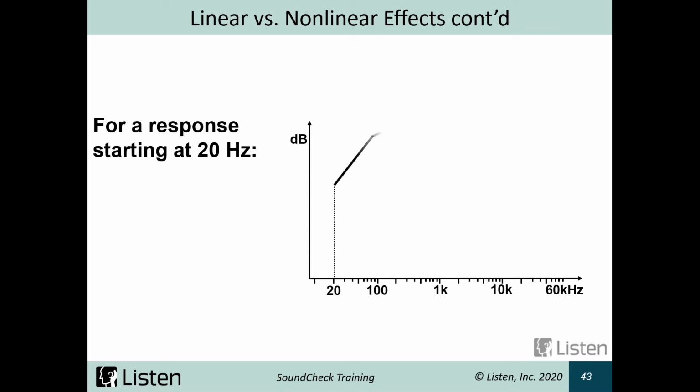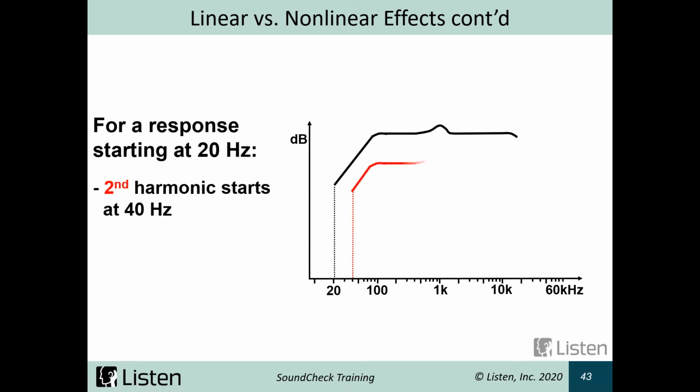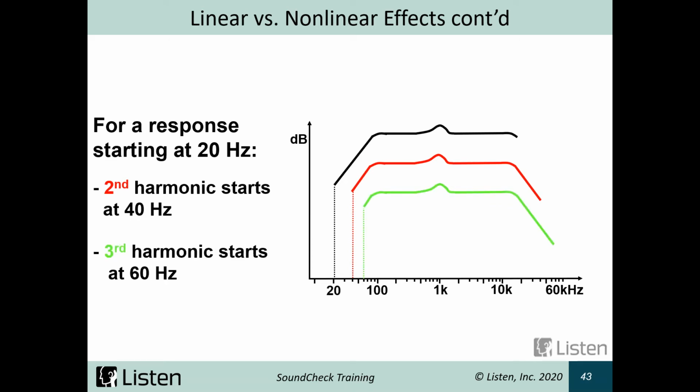So if I sweep from 20 hertz, then my second harmonic will start at 40 hertz. My third harmonic will start at 60 hertz. The difference between all of these is going to be the same.